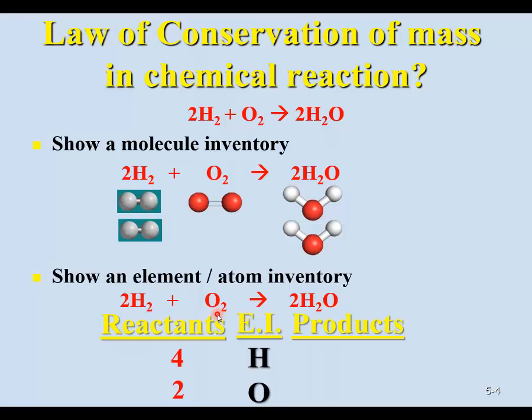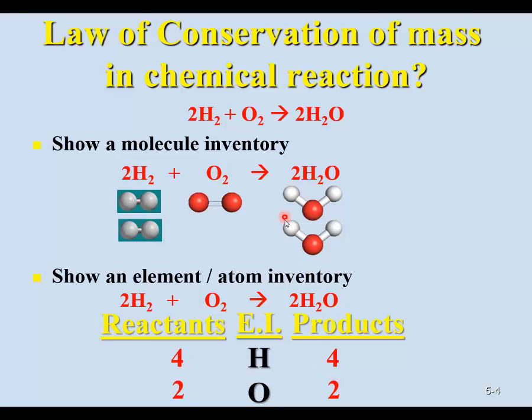I have 1 diatomic oxygen molecule, as we saw in the molecular inventory, that gives me 2 oxygen atoms. In my products, I have 2 water molecules, and I can see I've conserved mass. I have the same number of atoms before and after the chemical reaction because I have 1, 2, 3, 4 hydrogen atoms. I have 2 oxygen atoms present.